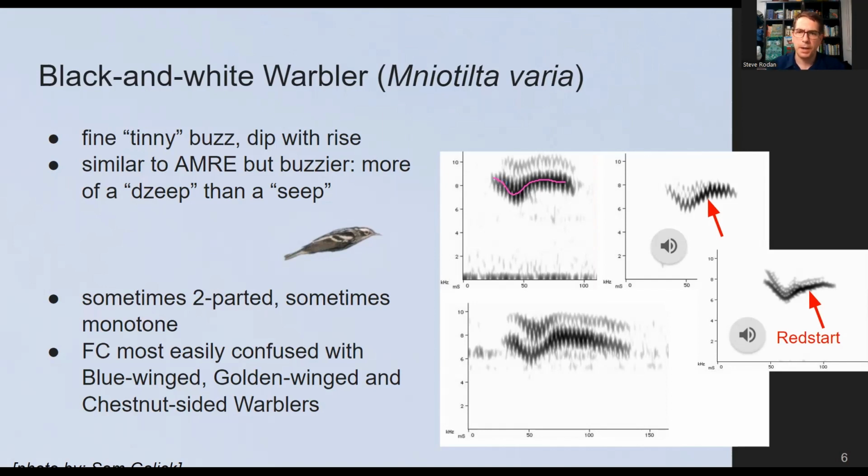This one's quite fine, meaning that the distance between consecutive up and down oscillations is very short. In other birds, the modulation's more wide, and you can almost hear individual oscillations.